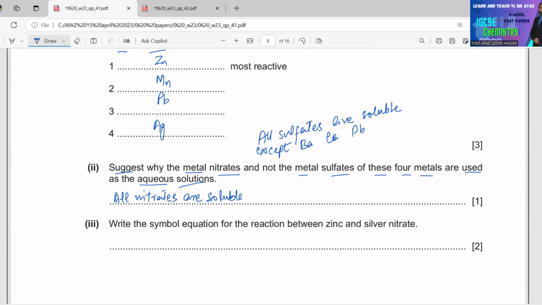Lead sulfate is insoluble. So you can even write lead sulfate insoluble.